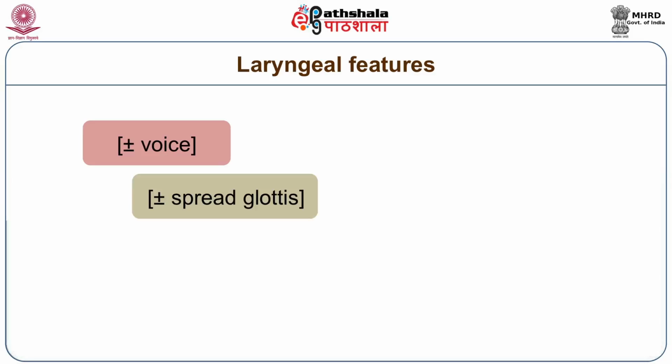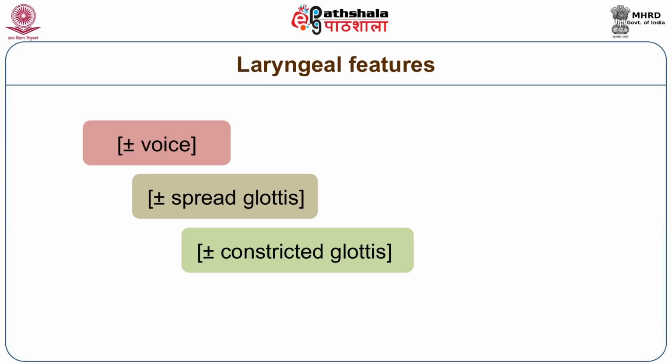Plus minus spread glottis. When the glottis is widely spread, we get aspirated sounds. When the glottis is not widely spread, we get unaspirated sounds. Plus minus constricted glottis. These are sounds which are glottalized, either glottal stop or glottalized sounds, both glottalized and pre-glottalized sounds, consonants or vowels.